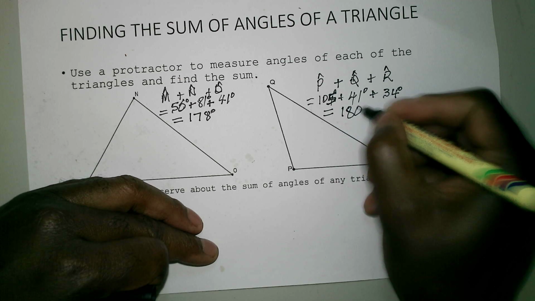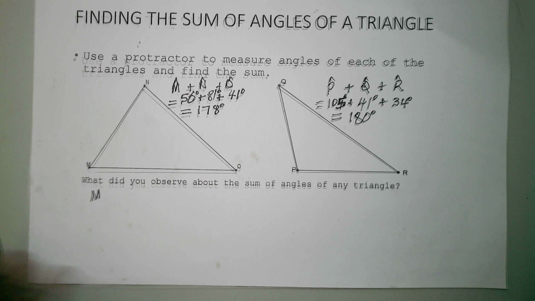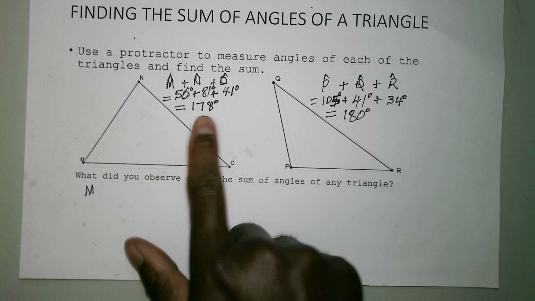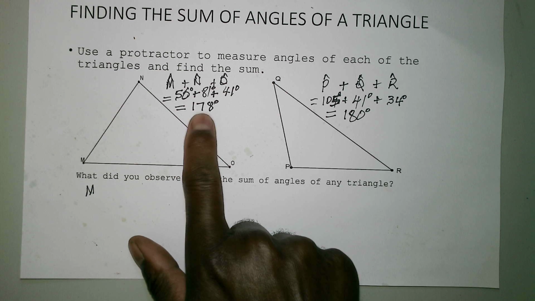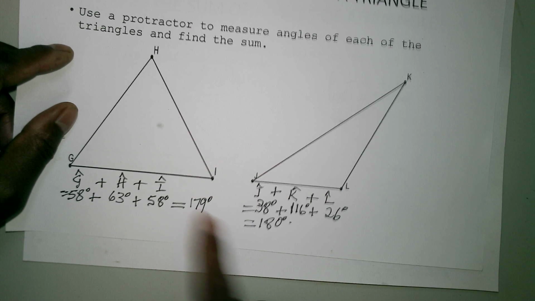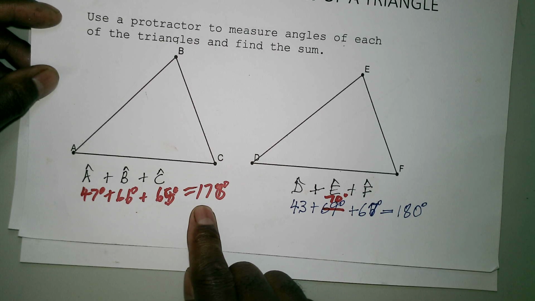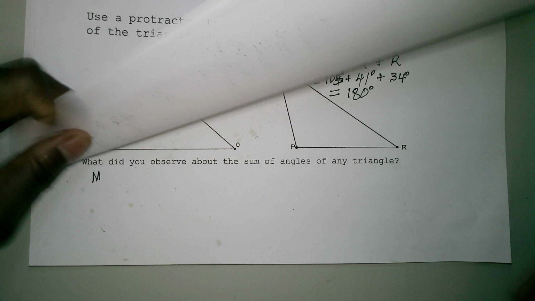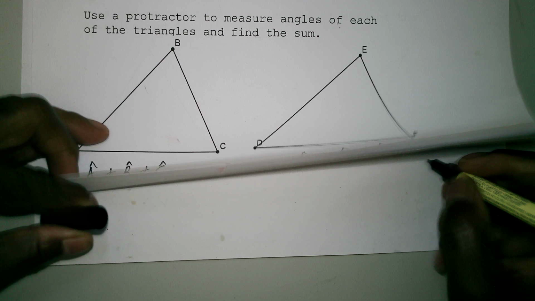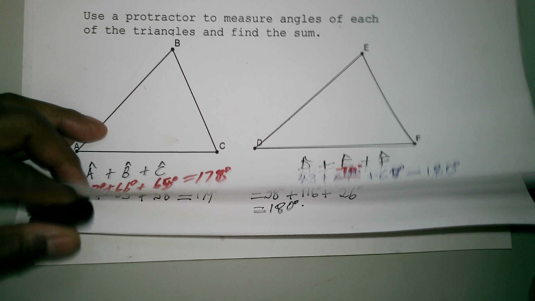We had 178, 180, 179, 180, 178 again, and 180. There are three 180s, two 178s, and one 179.